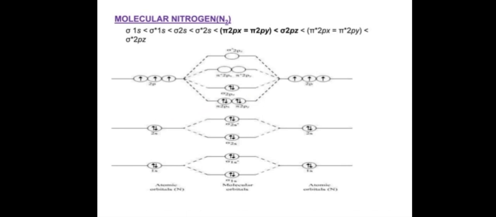So this is very important. Now let us see the order of energy levels in the case of hydrogen to nitrogen molecules, that is, molecules with 2 to 14 electrons.